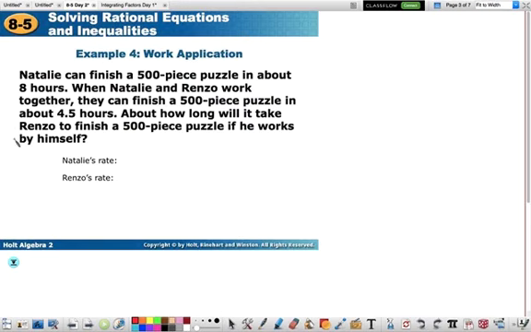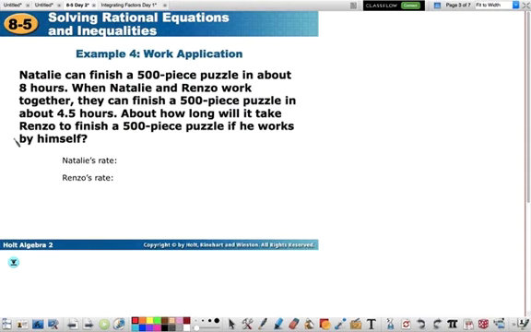Okay, thank you. Let's start off by all getting on the same page. What's our end answer going to look like? Number of hours, right? How much time for Renzo to finish a project by himself? You don't need to copy this whole paragraph down. You just need to pull out the important information. So, Natalie, how long does it take her to finish one puzzle?